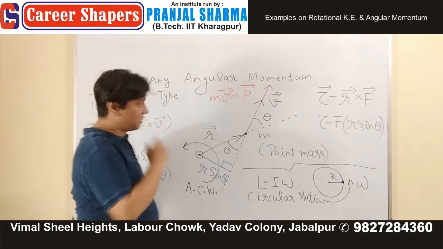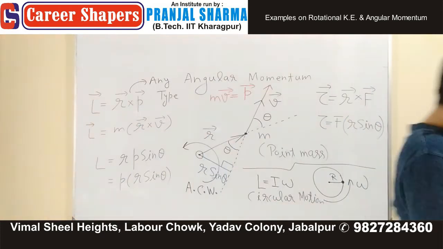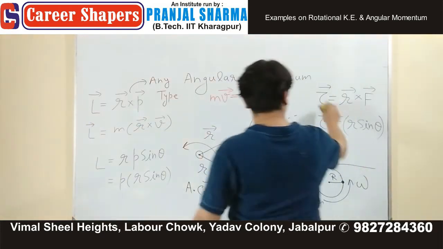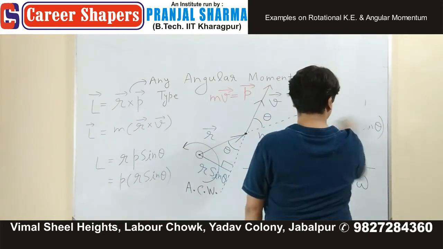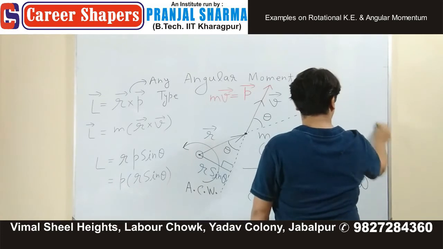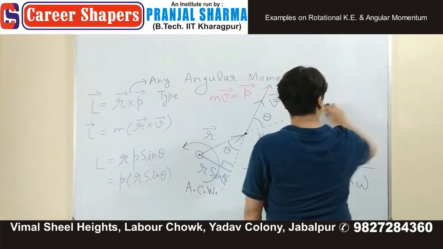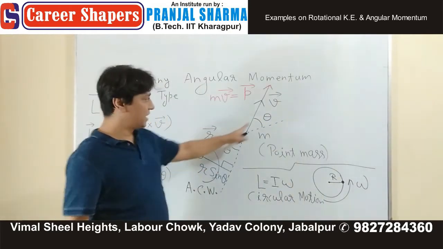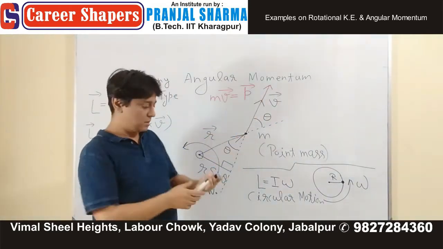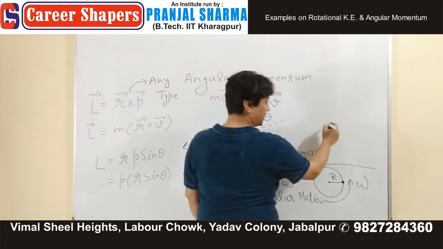Or how do you decide direction of cross product? Join R and P with their tails. So we have R and we have P, but remember you need to join these things with their tails.